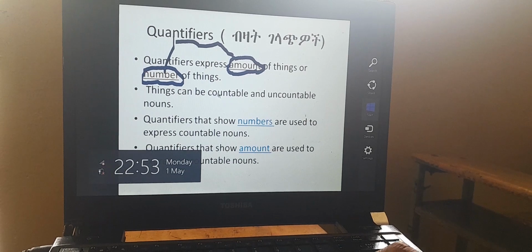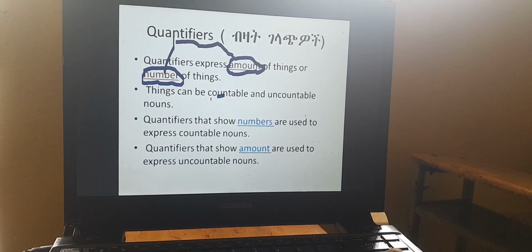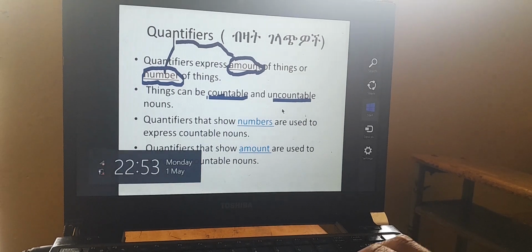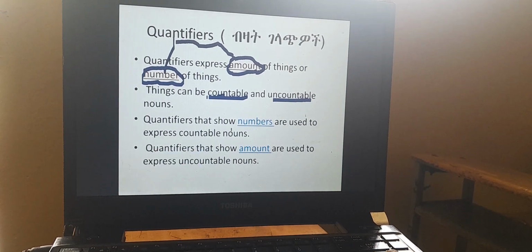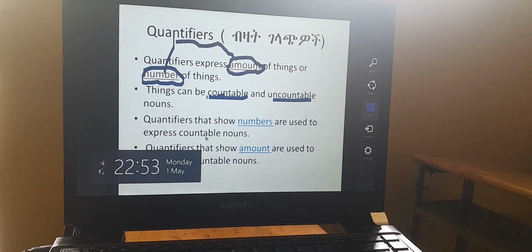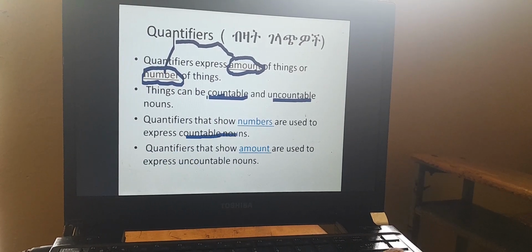Things can be countable or uncountable nouns. We can have two types of things, which means countable and uncountable nouns. Quantifiers that show numbers are used to express countable nouns, which means countable nouns can be expressed by using numbers.